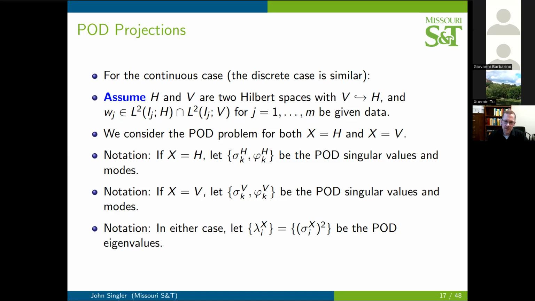In the continuous case, there's this annoying technical difference between those eigenvalues and singular values when one is 0 and one is not. I will not deal with that. That bothered me for a few years, but it's just a technical detail. I'm not going to worry about it.